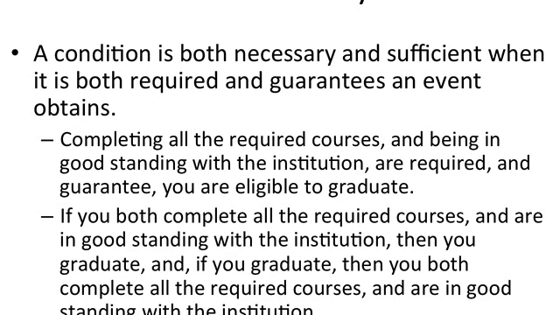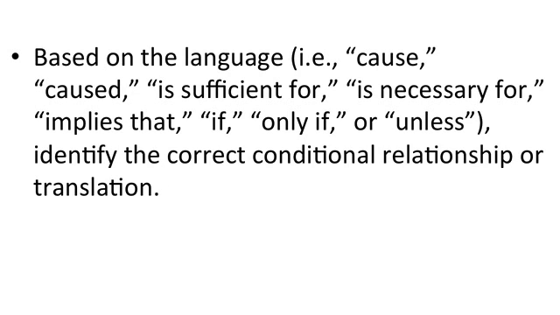If you both complete the required courses and are in good standing with the institution, then you are eligible to graduate. And if you are eligible to graduate, then you both complete all the required courses and are in good standing with the institution.